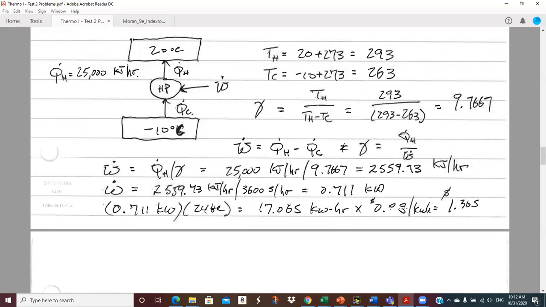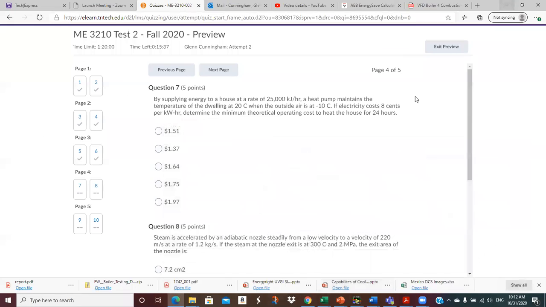And then it's 8 cents per kilowatt hour. So that's $1.365, 136.5 cents. So that's my answer. So probably $1.37 here. Bingo.